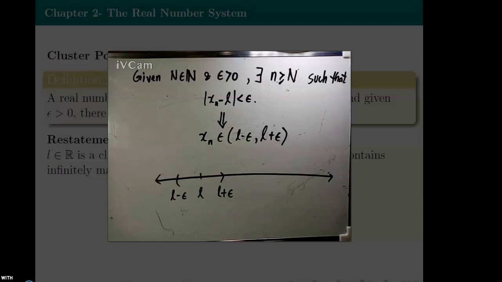So in this case, from our restatement of the definition, there are infinitely many terms of the sequence inside the open interval, but it does not say that outside is finite. For the limit, outside of this open interval there are finitely many terms of the sequence.